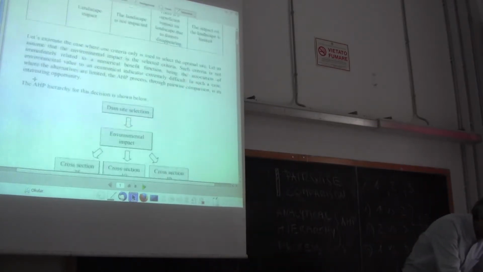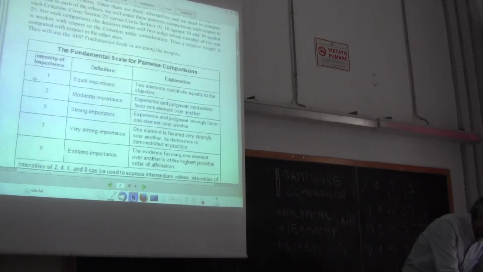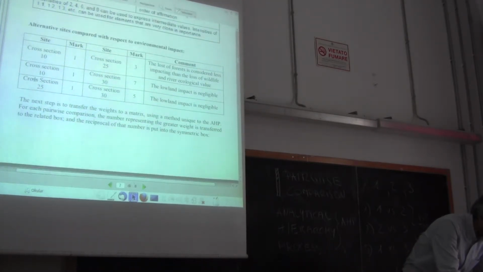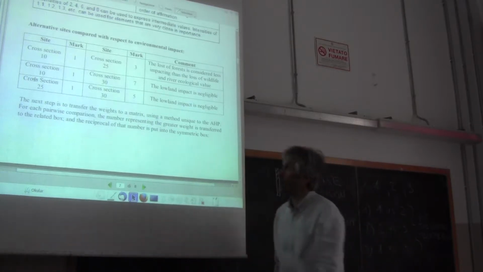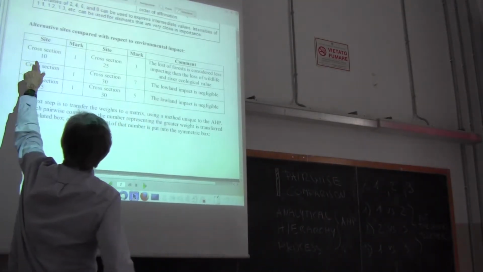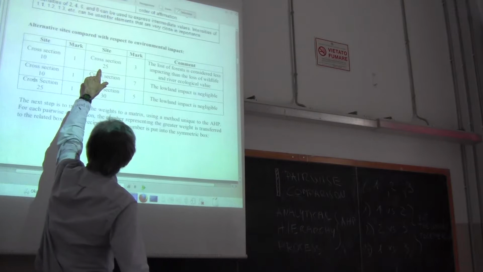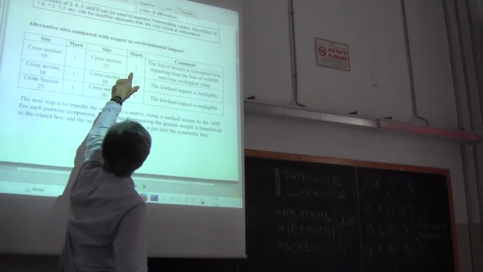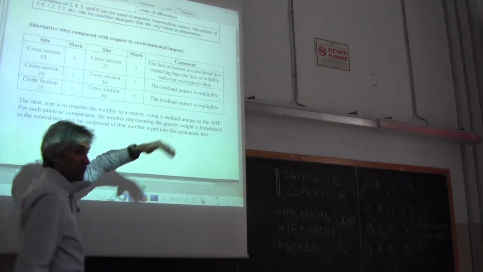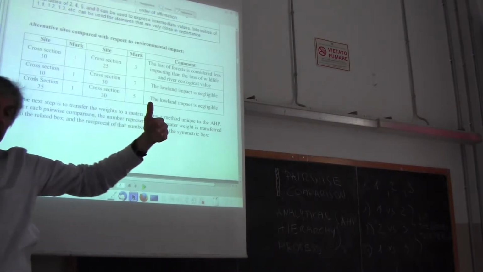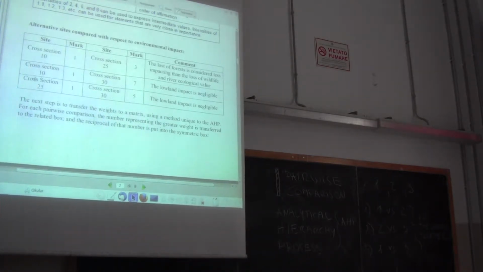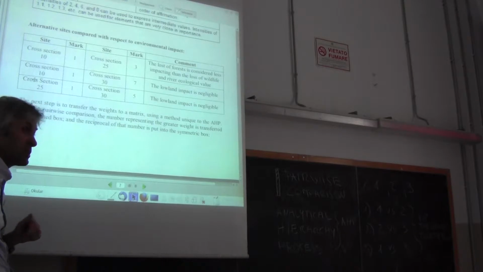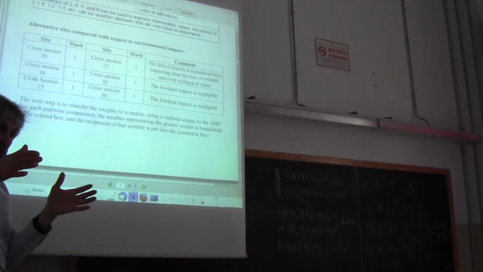Okay, let's see if I am consistent in my evaluation here. I'm comparing 10 with 25, and I give a mark of 1 and 3. So it means that for me, 25 has a moderate importance with respect to 10. Remember, 25 was in between in terms of environmental impact.